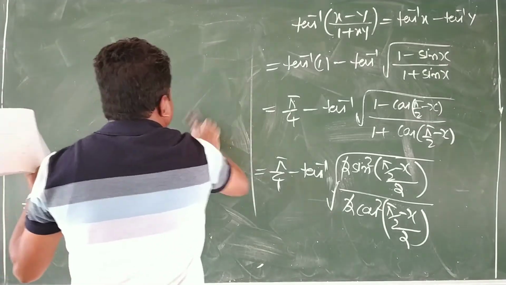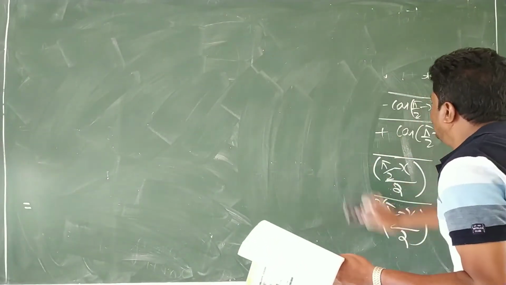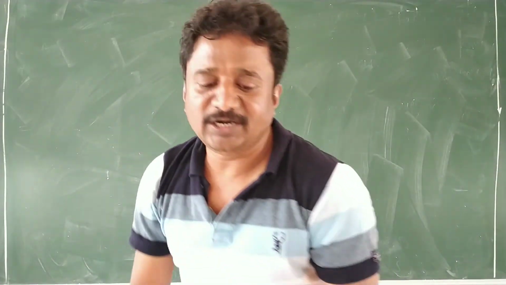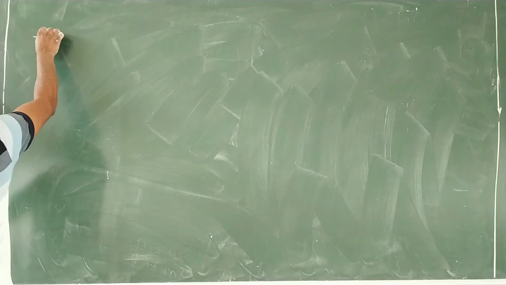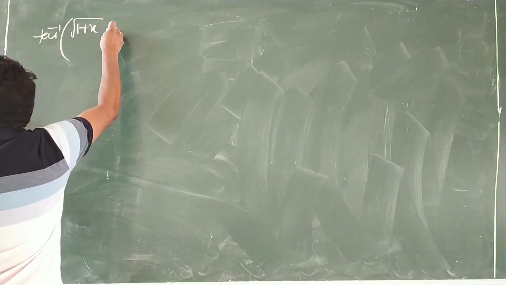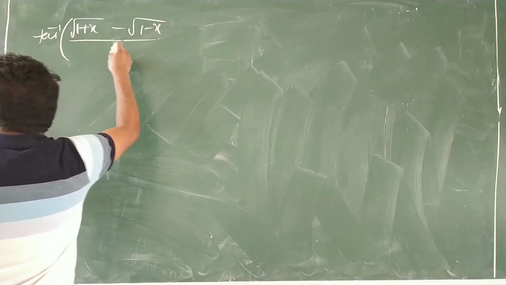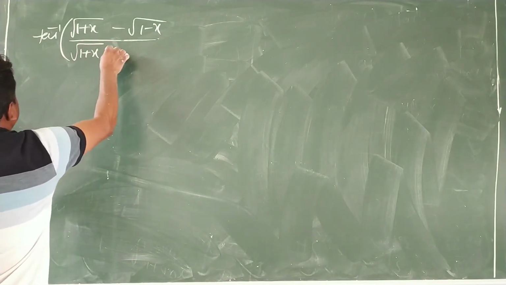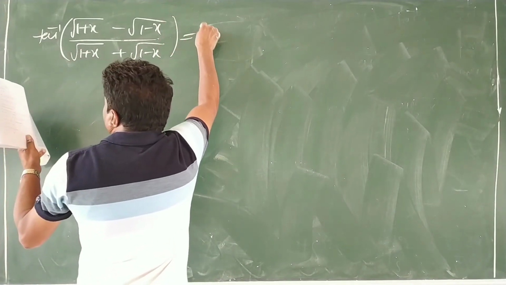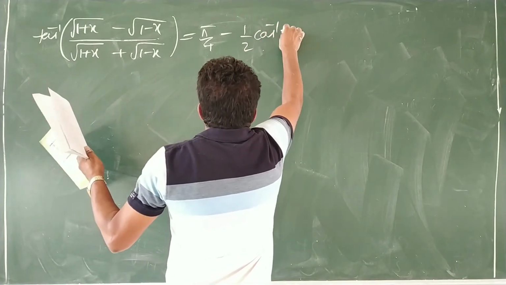Prove that tan inverse of (root of 1 plus x minus root of 1 minus x) by (root of 1 plus x plus root of 1 minus x) is equal to pi by 4 minus 1 by 2 into cos inverse x.